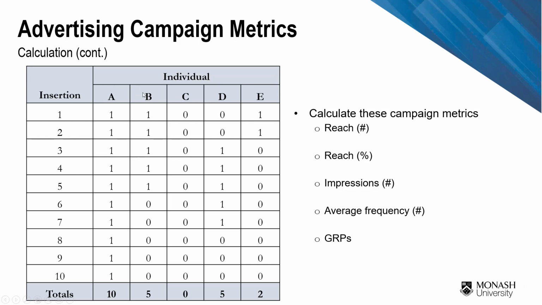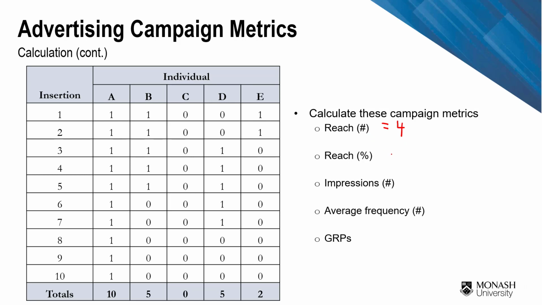So does individual B, so does individual D and E. However, individual C will not be counted because they have watched 0. So in this case, it will be 4, because there are 4 individuals who have watched at least once.